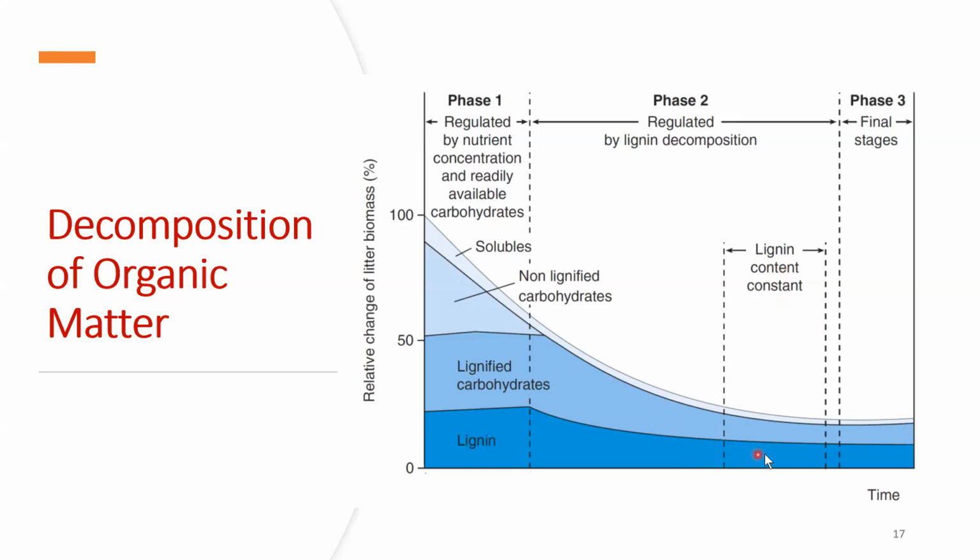Here you can see a bit of decrease in lignified carbohydrates, but lignin is constant. In the third phase, everything is constant, and that is the final stage. The organic matter or carbon in that stage is a long-term pool, so it will stay for a longer period of time in the soil, and the release will be lesser.